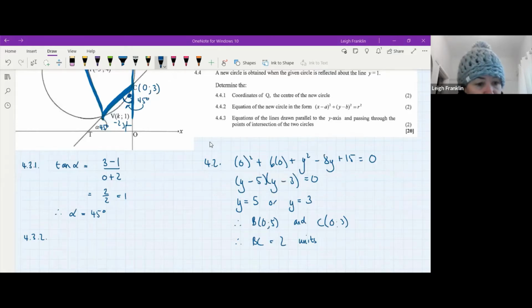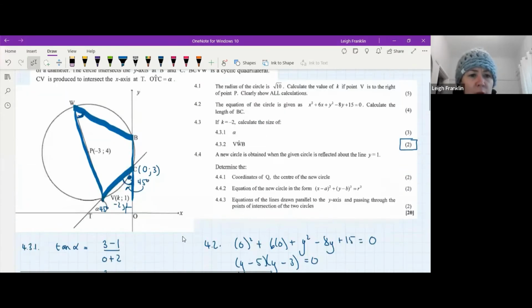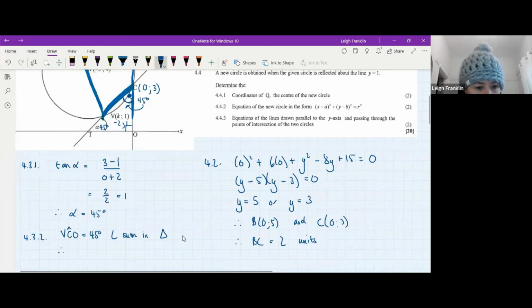So we're going to say here VCO is equal to 45 degrees, angle sum in a triangle. And then we're going to state that angle VWB is also equal to 45 degrees because of exterior angle of cyclic quad. Okay.